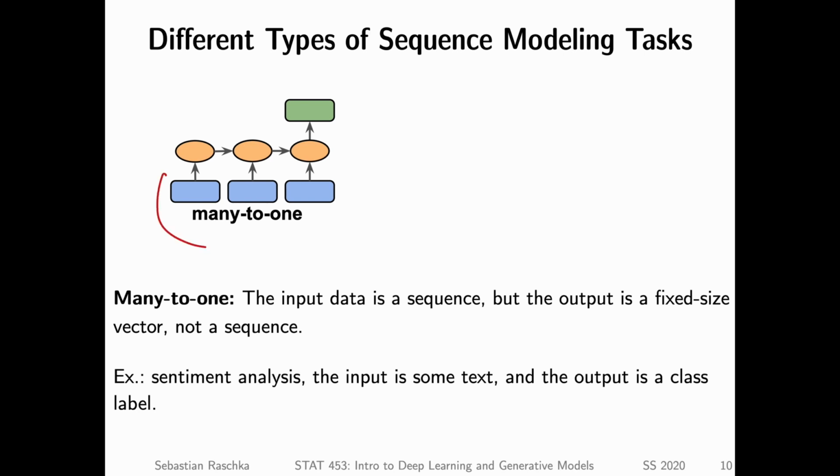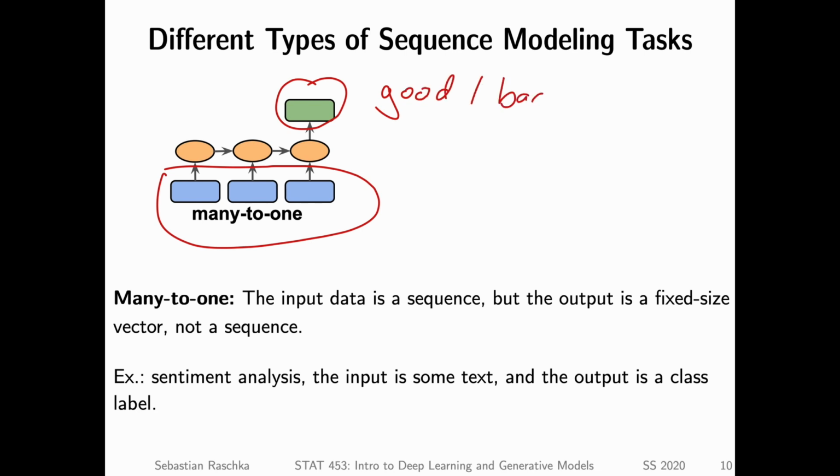The inputs would be all the sentences in the movie review, and the output would be whether it's a good or bad movie based on the review that we read. That would be a simple case of a many-to-one. The many comes from the fact that we have many inputs, so all the sentences, but only one output, the class label.